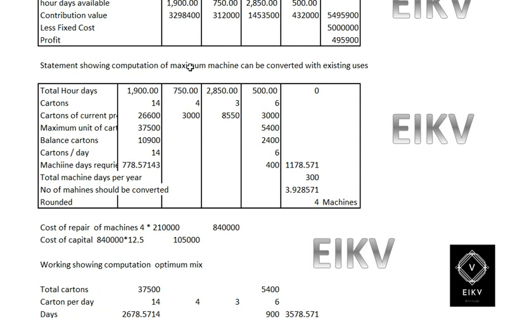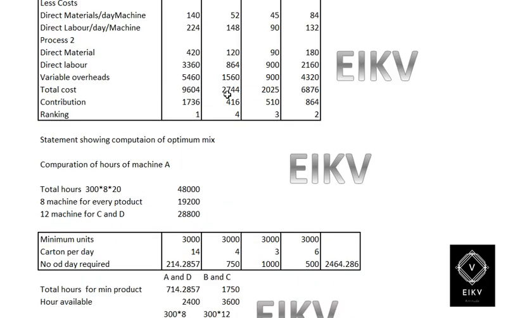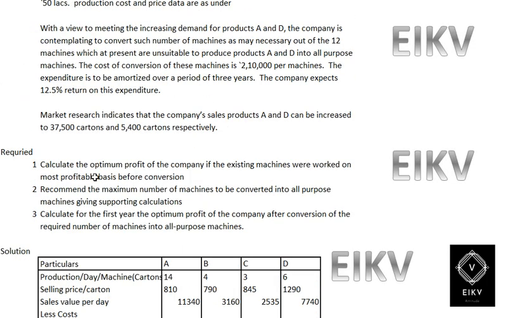Going ahead, statement showing computation of maximum machines which can be converted into existing uses. So we are going to the second requirement: recommend the minimum number of machines which can be converted into all-purpose machines.